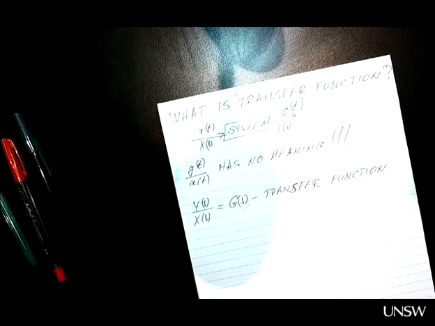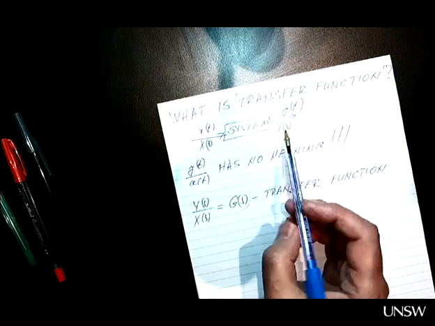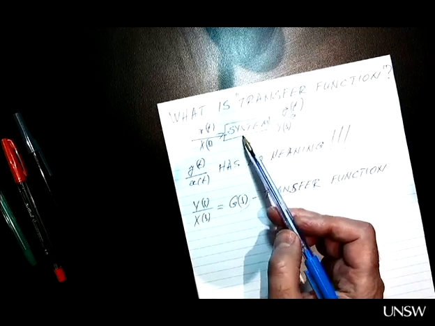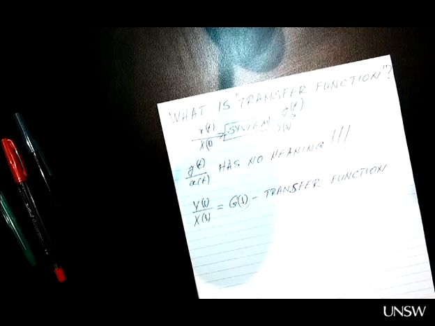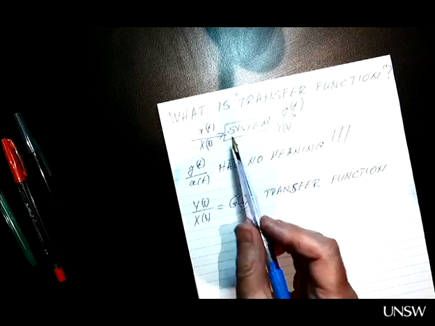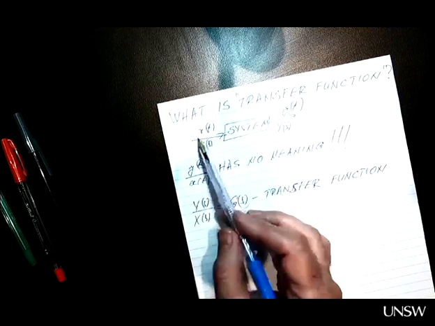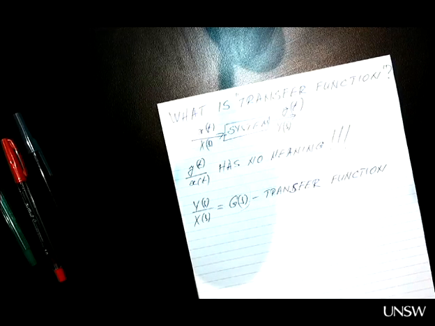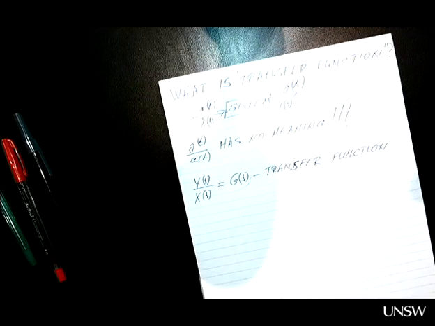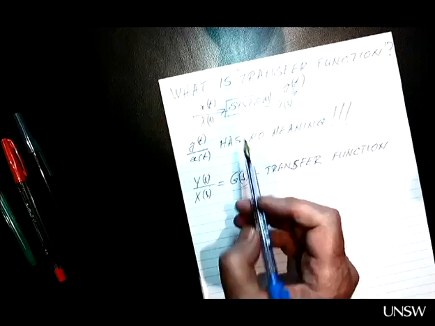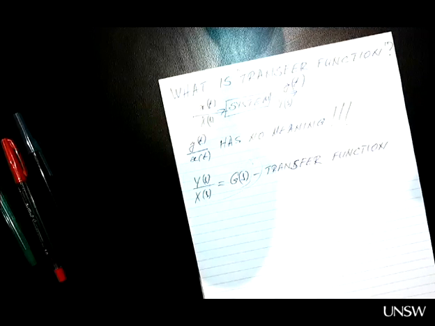In the time domain, to describe the system, you use the differential equation that describes the relationship between the input and the output. What the differential equation is in the time domain, that's what the transfer function is in the S domain, the complex domain. Knowing this definition of the transfer function allows you to do a number of things.